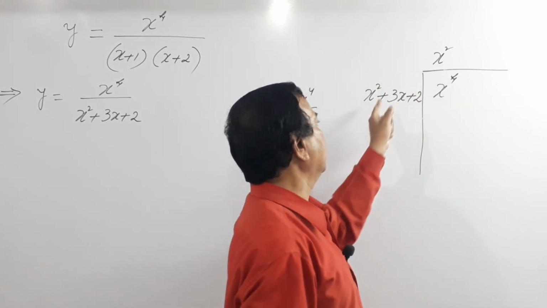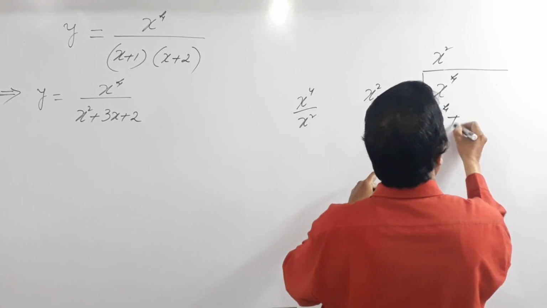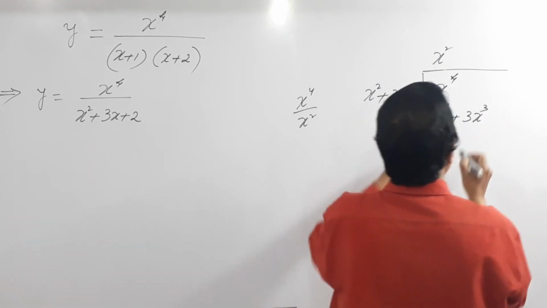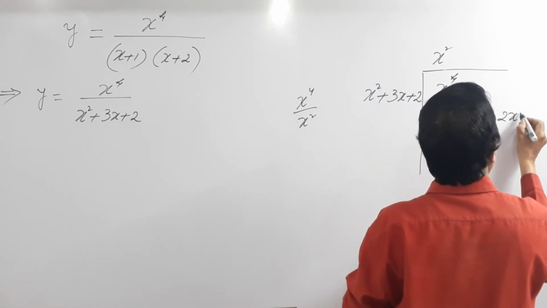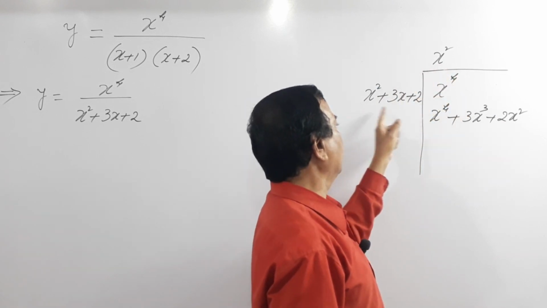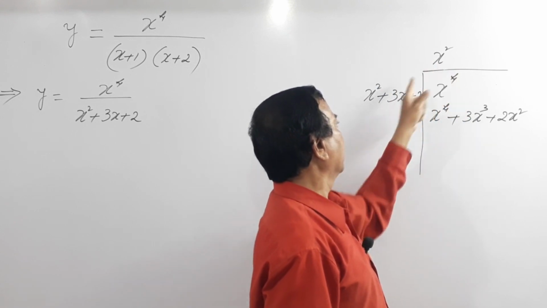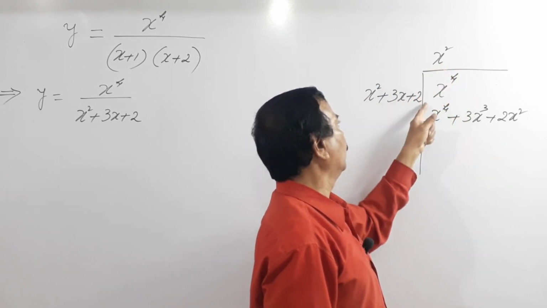So if you multiply this, what happens here? This becomes x to the power of 4 plus 3x cube plus 2x square. I am multiplying this with each term. So this becomes x to the power of 4 plus 3x cube plus 2x square.